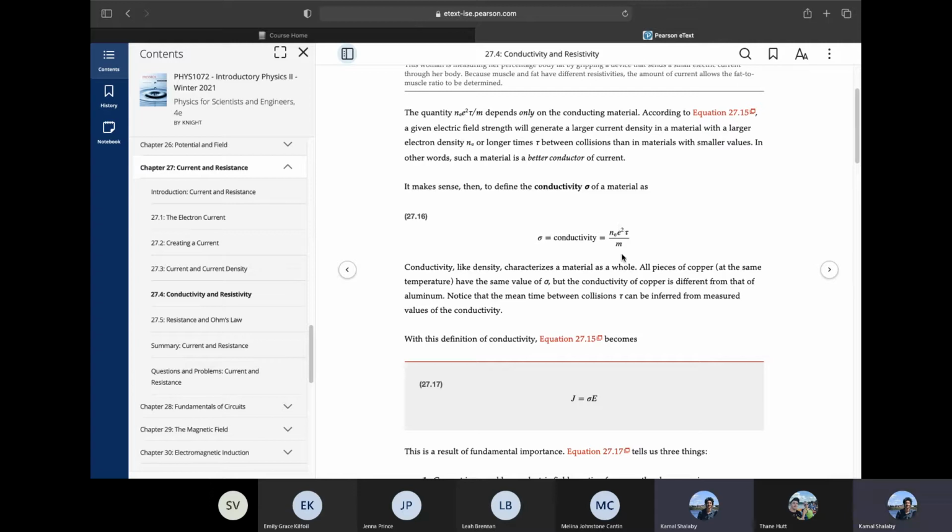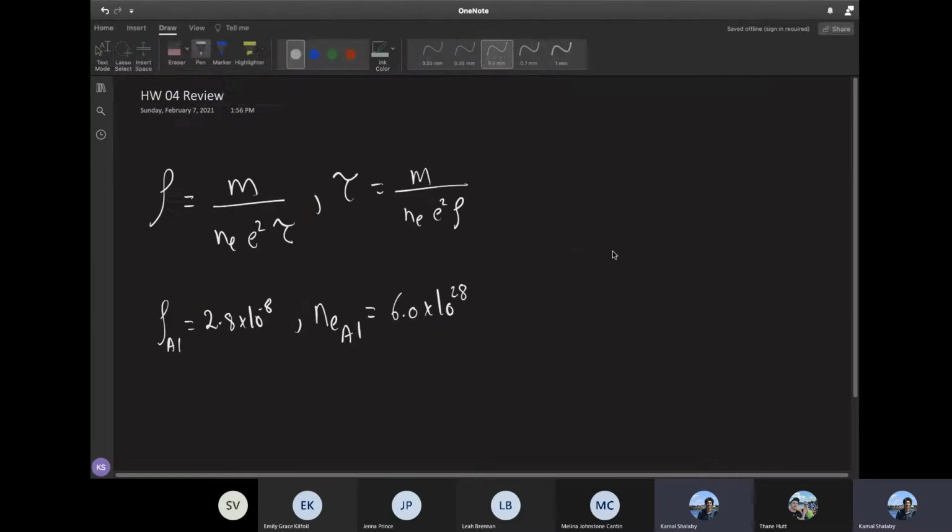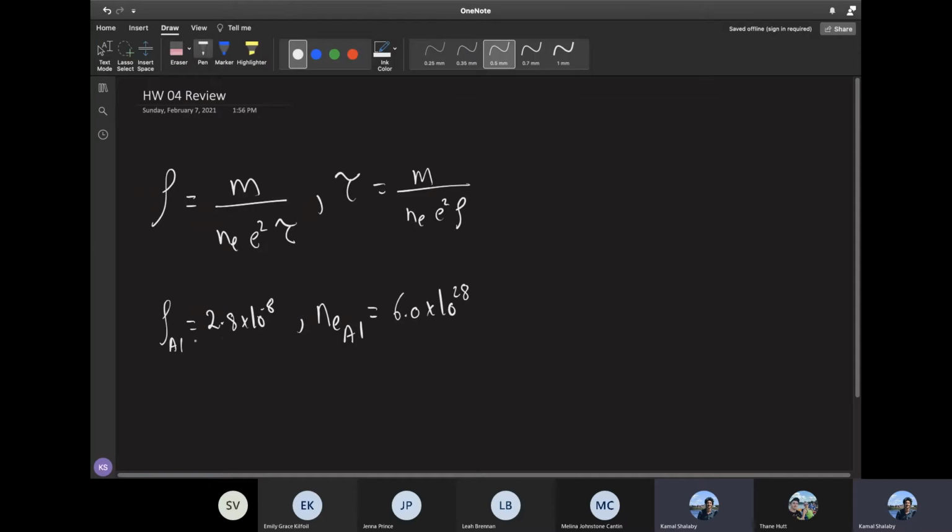Yeah, and the m being the mass. Okay, well, then you have everything. You have the rho that you need, you have the n that you need, and you can easily find the mass of the electron and the charge of the electron. Oh, you're welcome.